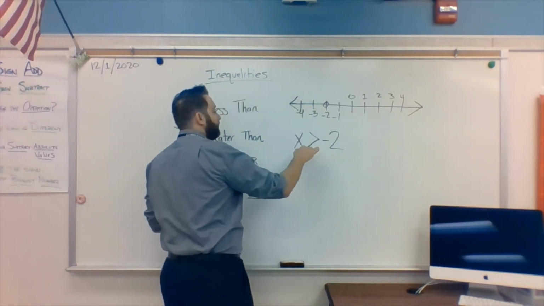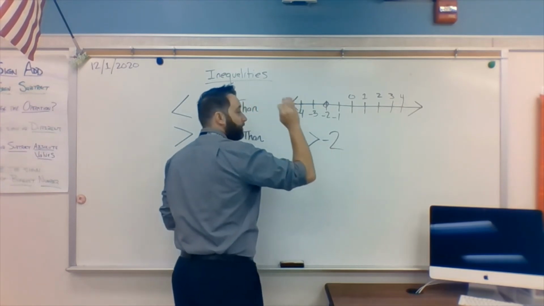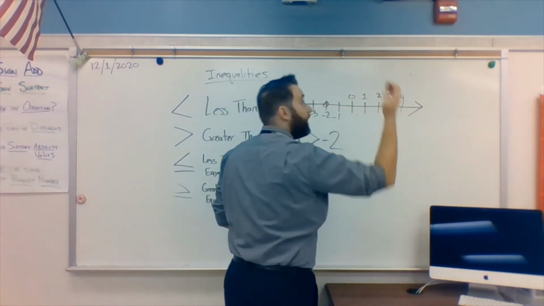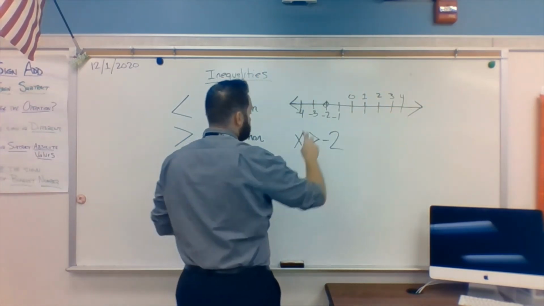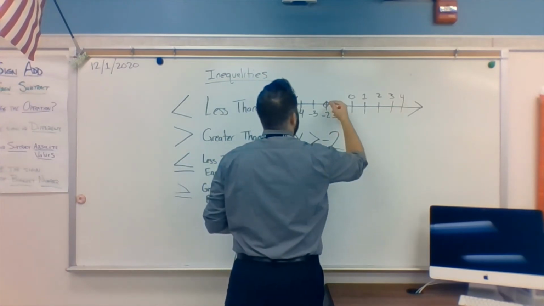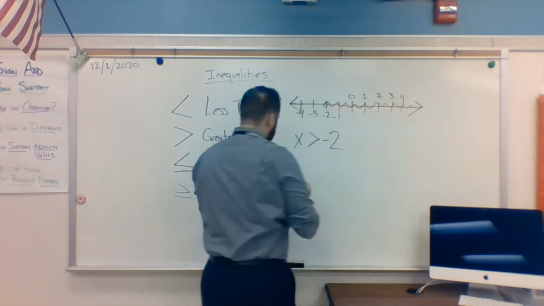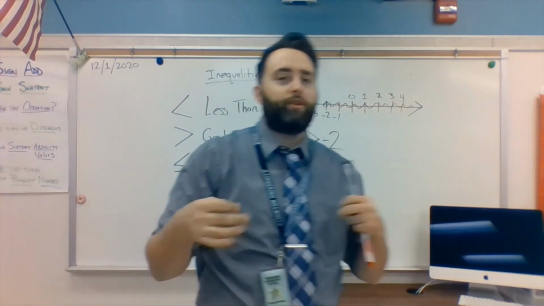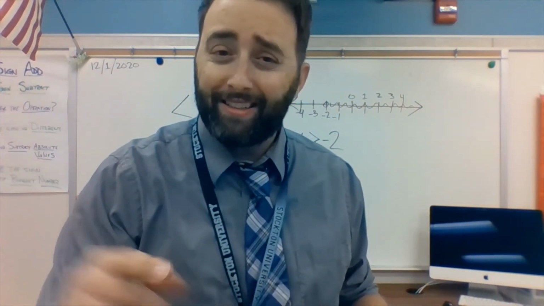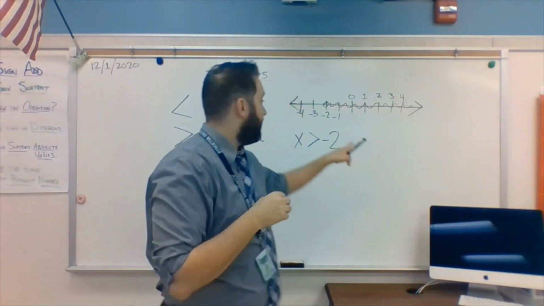Now, x is everything greater than -2, which means we're going to the right. We're going up. We're going to the right. So x is greater than -2. That includes everything after -2, like -1.99999, but not -2.